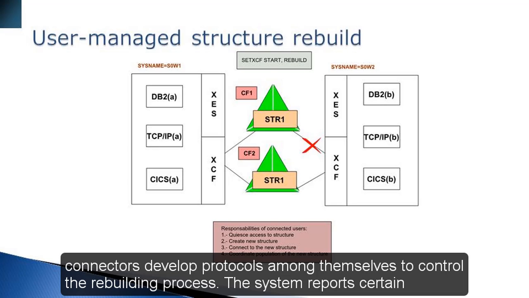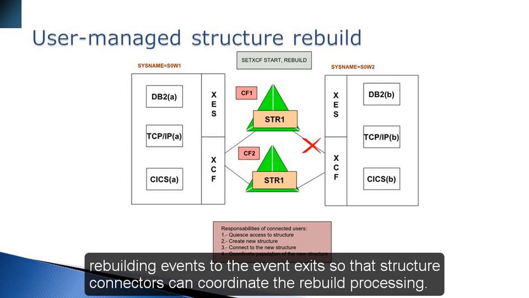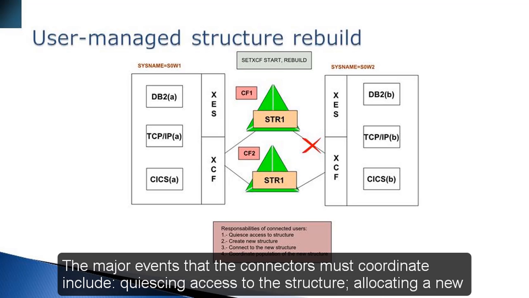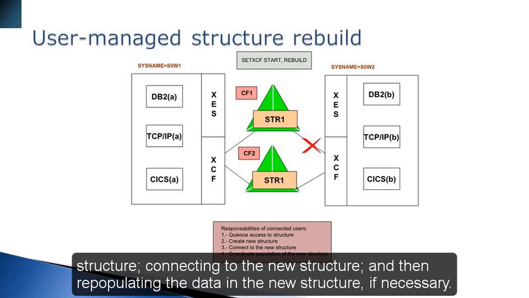The system reports certain rebuilding events to the event exits so that the structure connectors can coordinate the rebuild processing. The major events that the connectors must coordinate include quiescing access to the structure, allocating a new structure, connecting to the new structure, and then repopulating the data in the new structure if necessary.